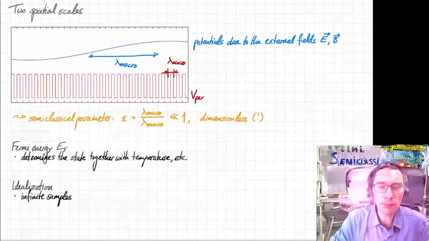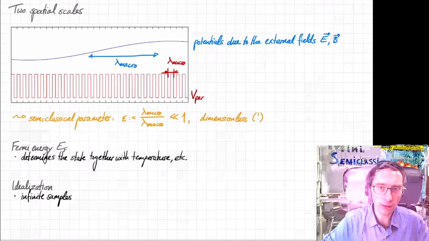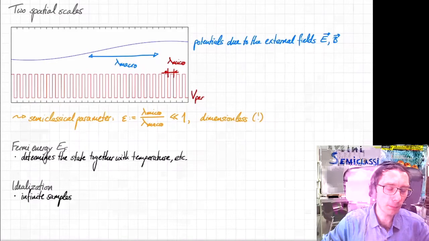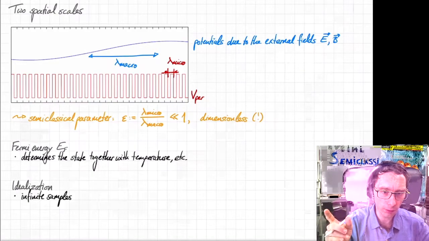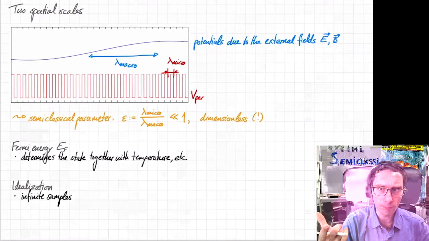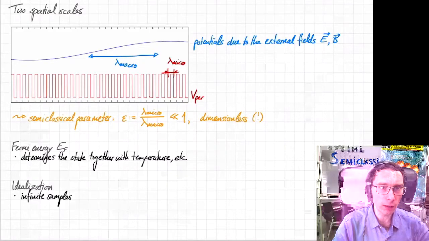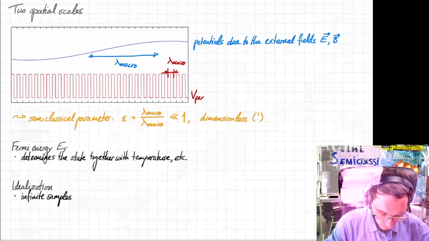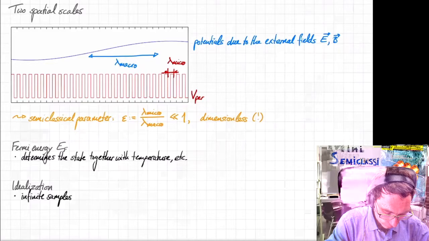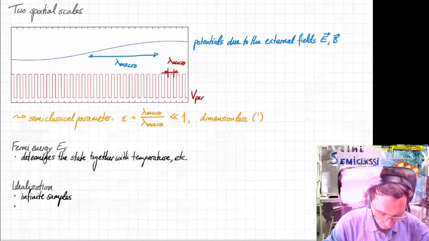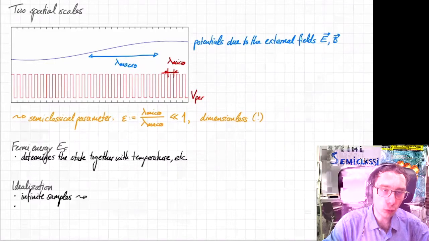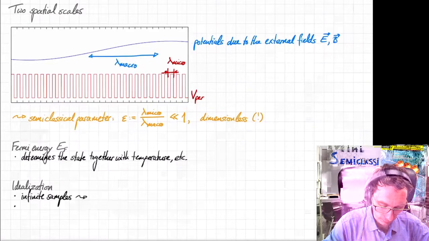The idea is simply that the sample is so big that on the microscopic scales, if you measure everything in microscopic units, it's so ridiculously big that the size and shape does not matter. So here you neglect finite size effects.